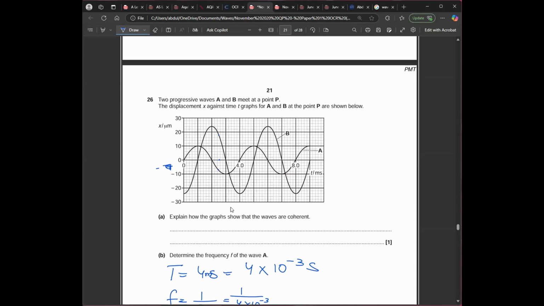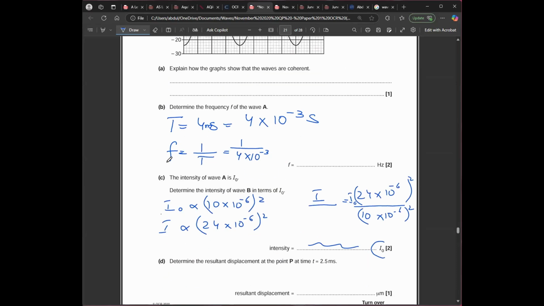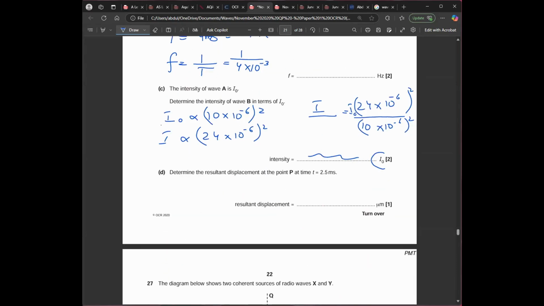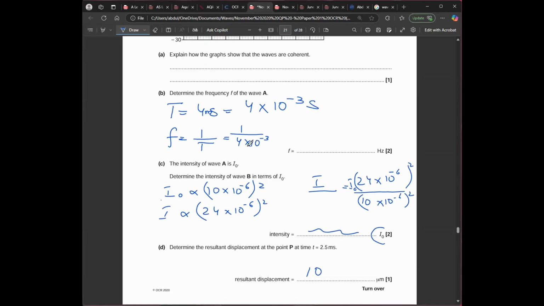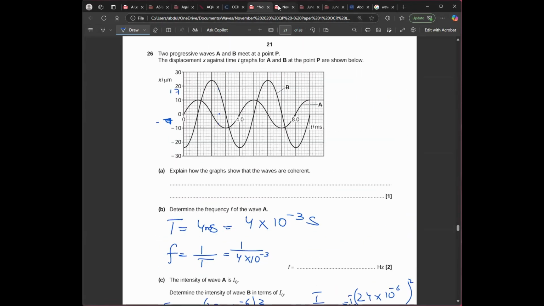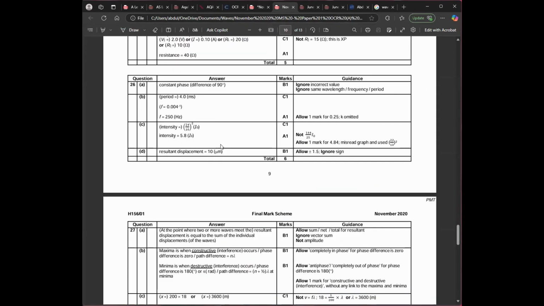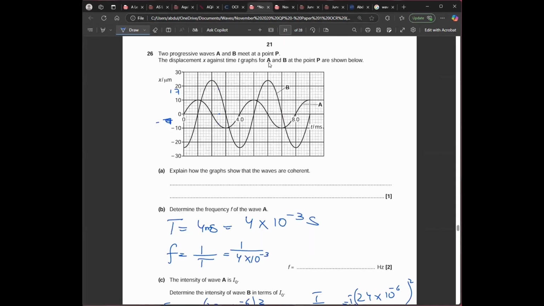This is minus 7, and this one is 18, so this must be 17. As I said, these are basically vectors, because this is displacement. So you just add them up with the sign. So 17 minus 7 would give you 10. So the resultant displacement would be 10 micrometer because the unit here is micrometer. Let's see if I've done it correctly. Yeah, so that is 10 micrometer.